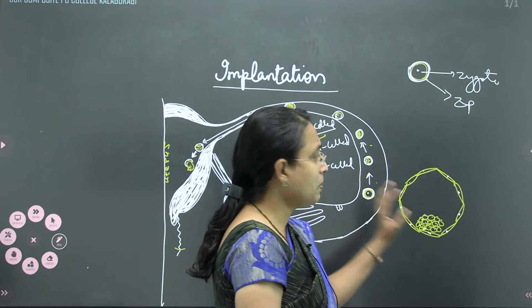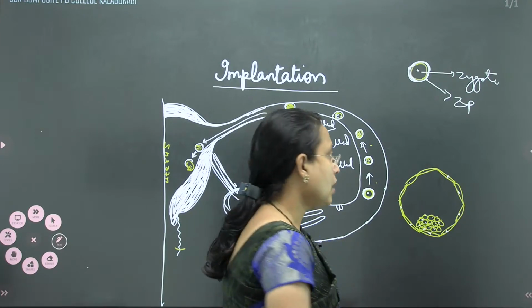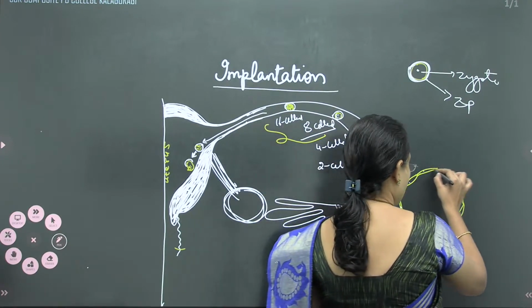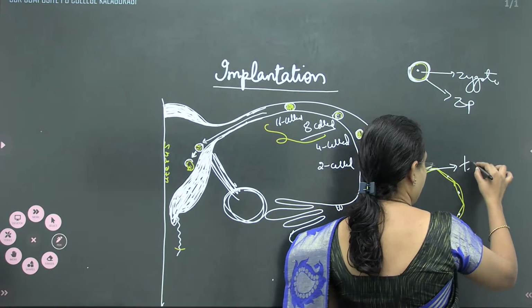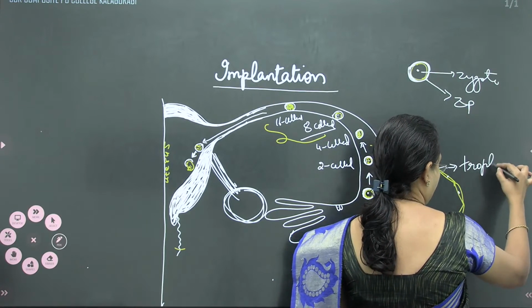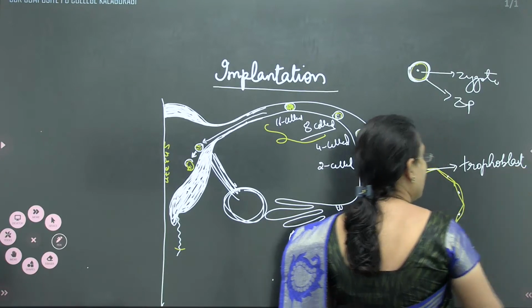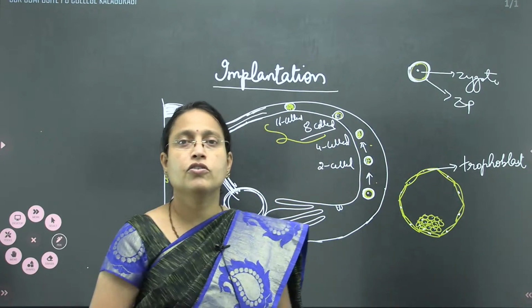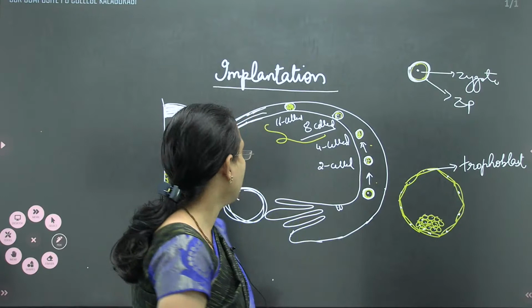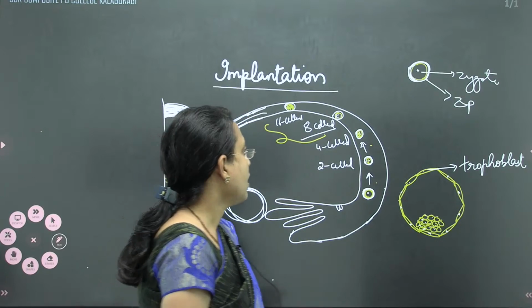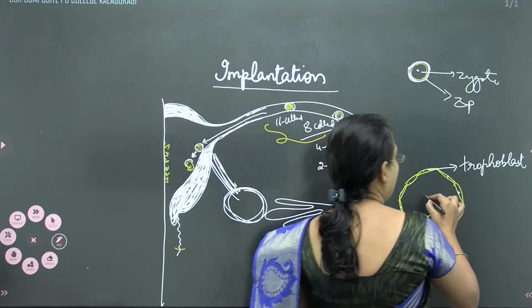All the cells that were present in morula started rearranging and then forming the cells of blastula. Structure of blastula, three main structures will be here. The outer thin layer, this is called trophoblast layer. Then there is a cavity here.